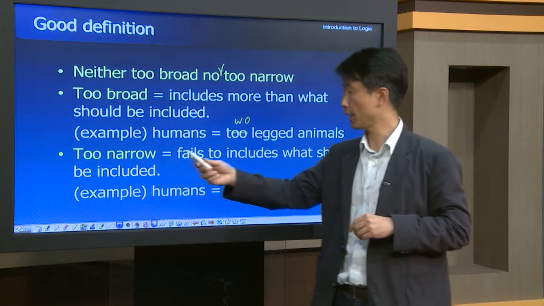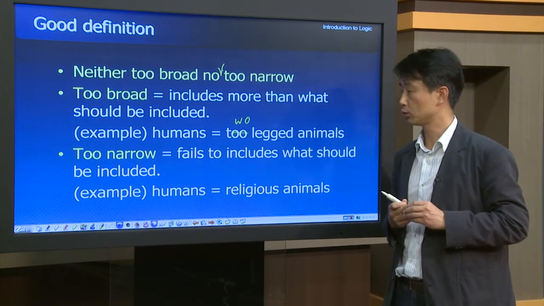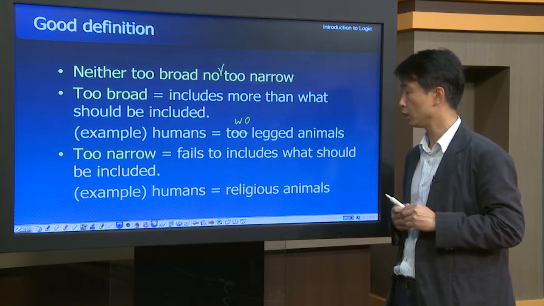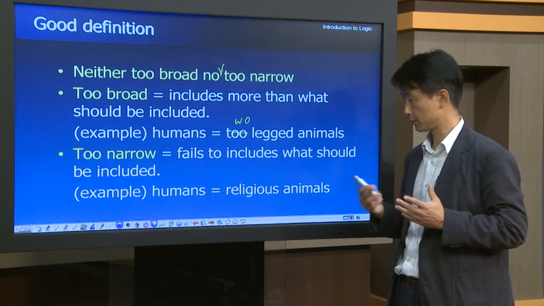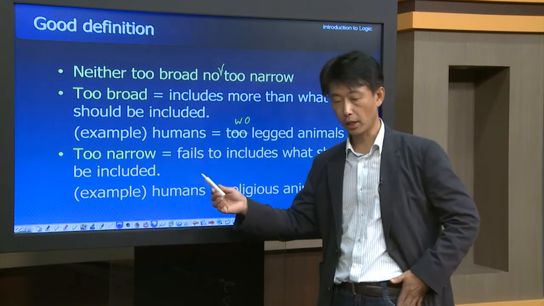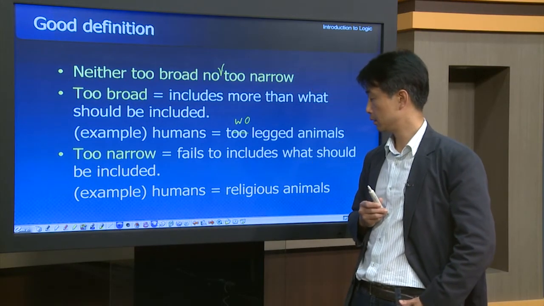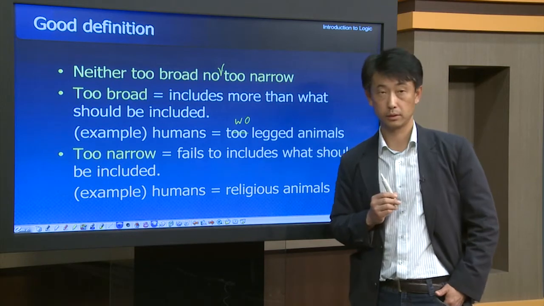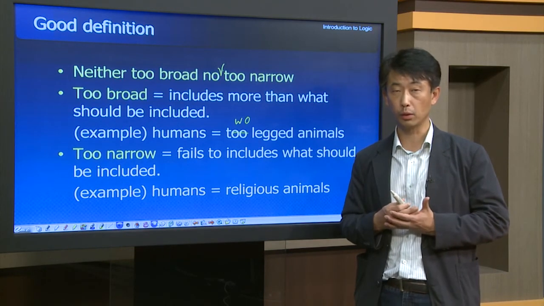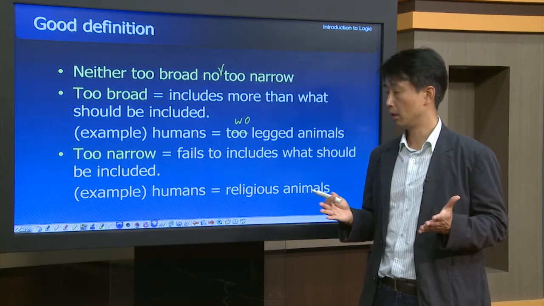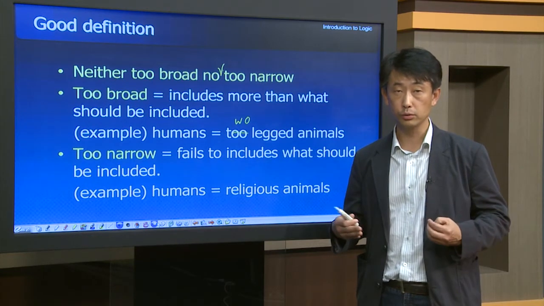Now, what does it mean to say a definition is too narrow? A definition that is too narrow fails to include what should be included. For example, this example is from the textbook, but I will use it. Humans are religious animals. This is a definition that is presumably too narrow because there are humans that are not particularly religious, but they are nonetheless humans.